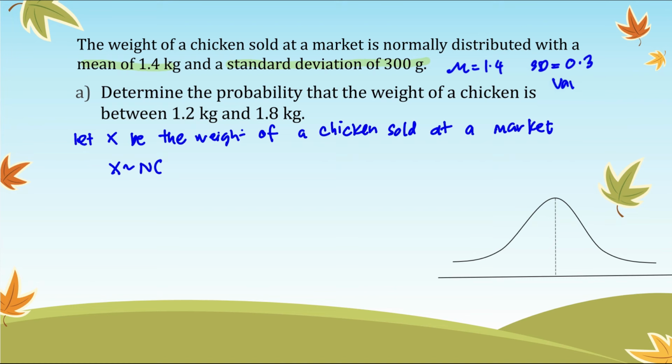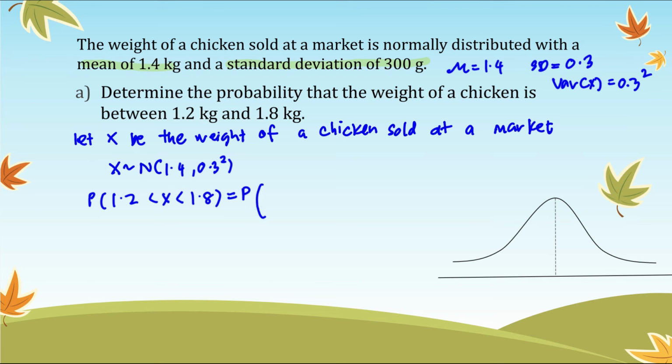So the variance will be 0.3 squared. Now we write it in the form of a distribution. X is normally distributed with 1.4 and 0.3 squared. We want to find the probability for X between 1.2 and 1.8 kilogram.